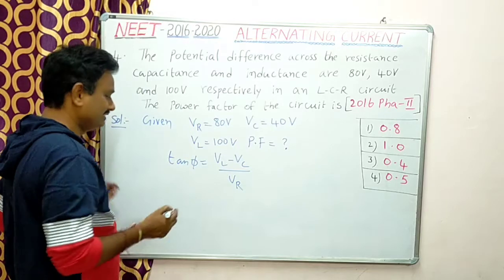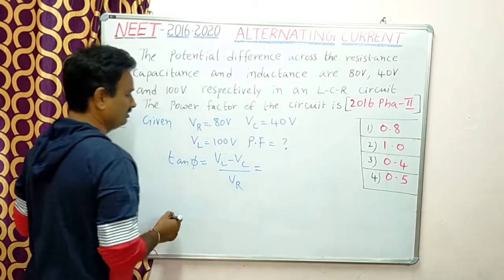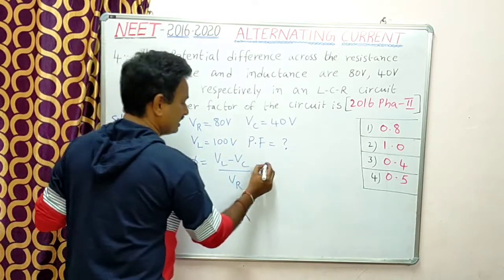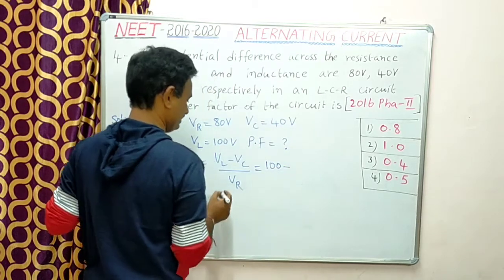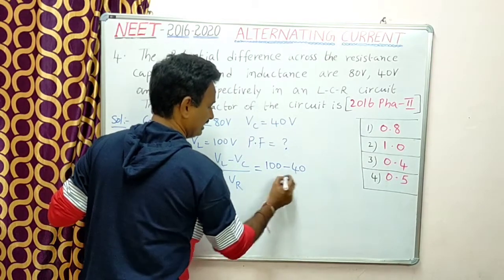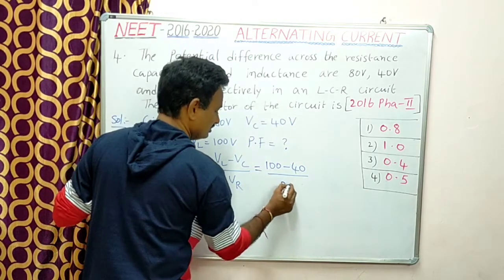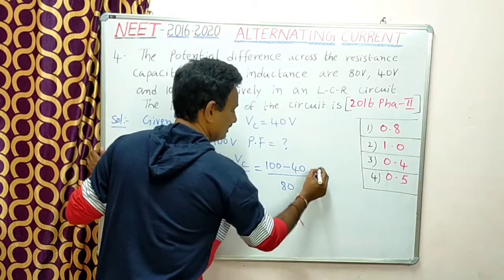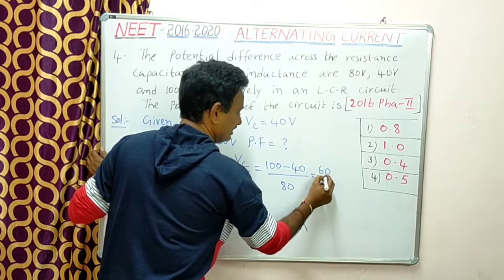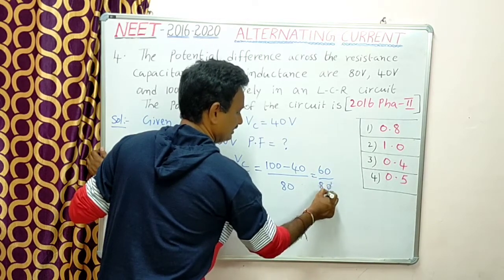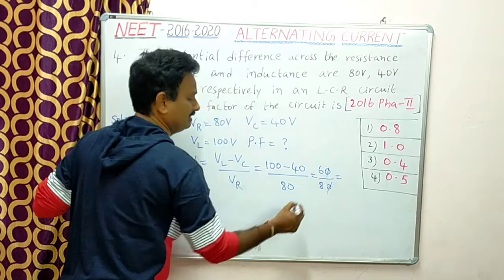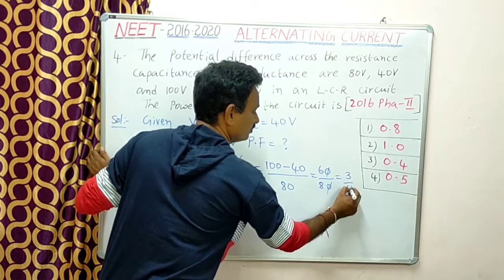That is equal to VL, 100, minus VC, 40, by VR, 80. So we will get 100 minus 40 means 60 by 80. 0, 0 cancels. So 6 by 8 means 2 3s, 2 4s.